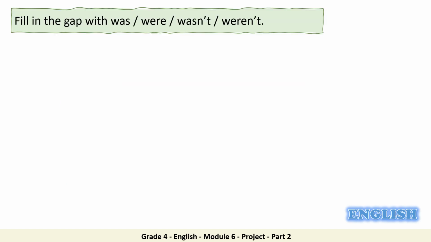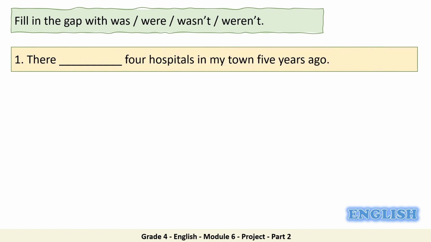Let's start with the activity. Fill in the gap with was, were, wasn't, weren't. Let's start with sentence number 1. There, space, 4 hospitals in my town 5 years ago. We have 4 hospitals. So we would say, there were 4 hospitals in my town 5 years ago.